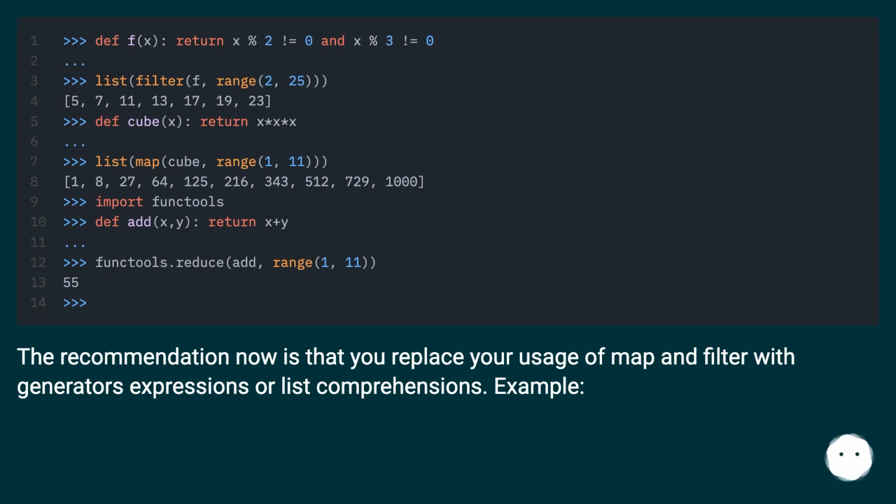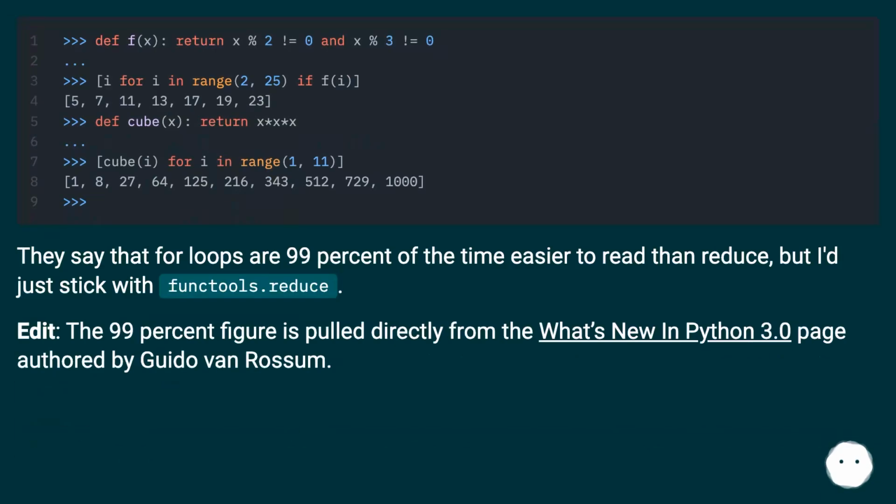Example. They say that for loops are 99% of the time easier to read than reduce, but I'd just stick with functools.reduce. Edit: the 99% figure is pulled directly from the What's New in Python 3.0 page authored by Guido van Rossum.